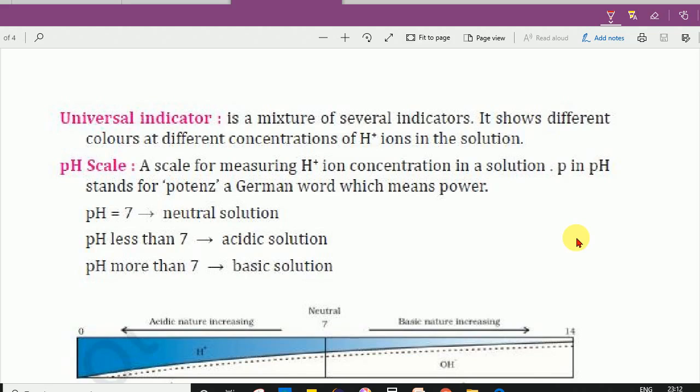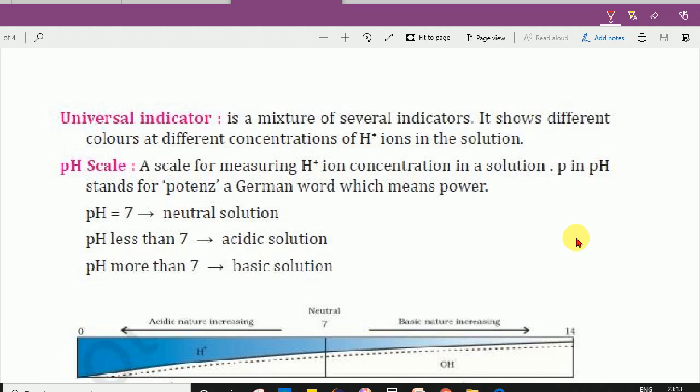Children, yesterday we did dilution of acids and bases. There I made you clear that water is necessary for acids and bases to show their acidic or basic behavior, because water is a polar solvent.